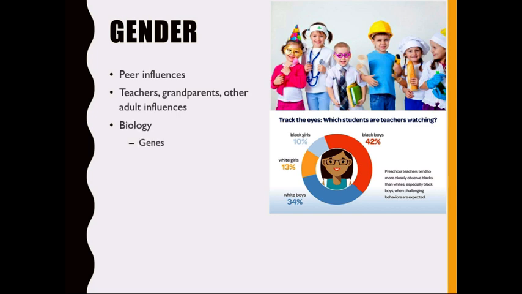Now, biology, its influence on gender is going to come partly through the genes, because on average, people who have an XY chromosome have predispositions to have better spatial skills, or to be more physically aggressive, or a variety of factors that can be traced back to brain differences that seem to be mapped out based on how the genes are organized.